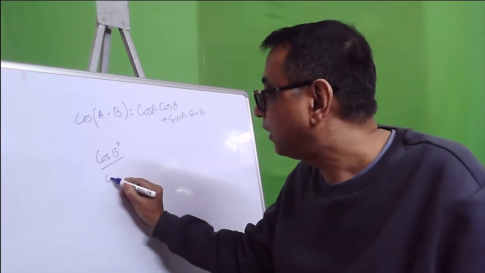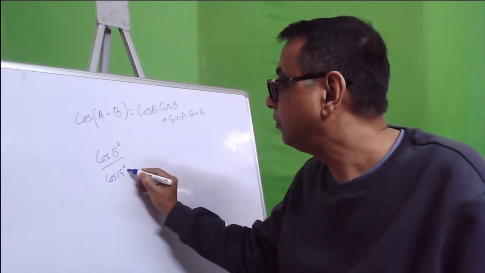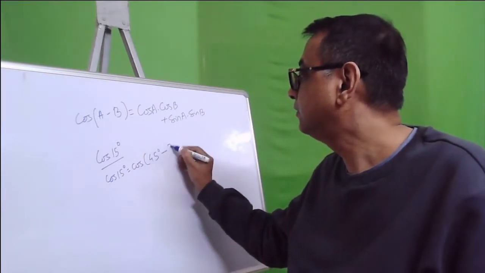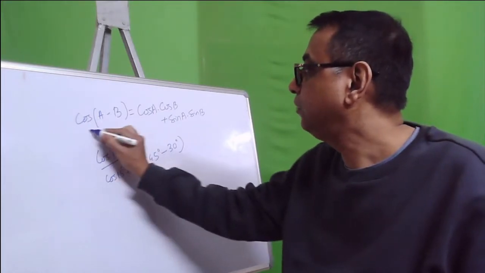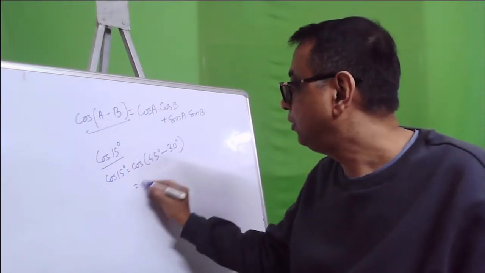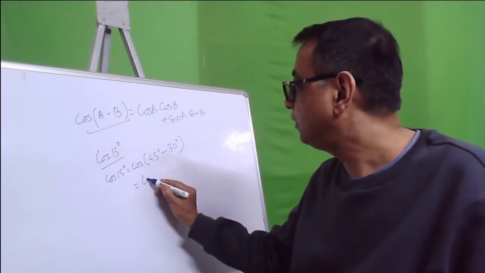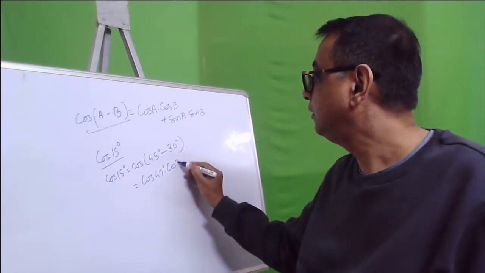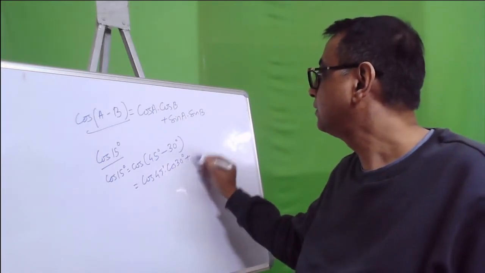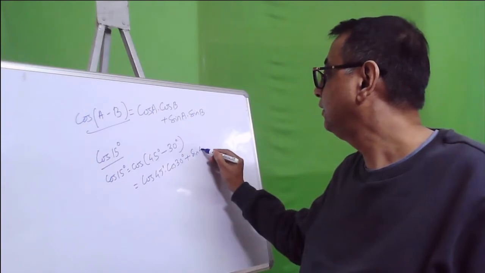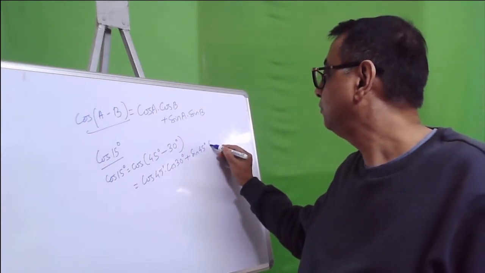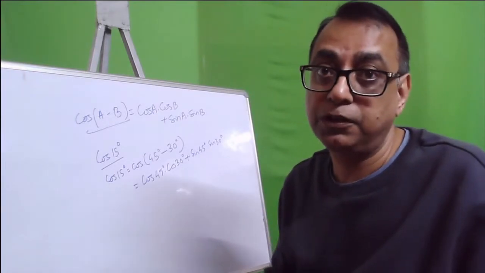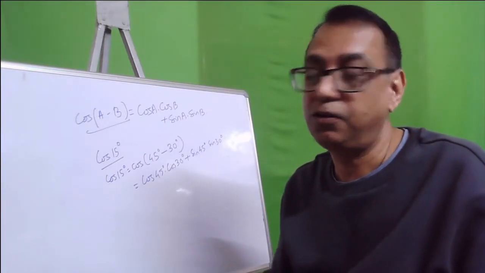How? We can write cos 15 degree is equal to cos of 45 degree minus 30 degree, and use this formula. So it will be cos a cos b, that is cos 45 degree into cos 30 degree plus sin 45 degree into sin 30 degree. We know the values of 45 degree and 30 degree, cos and sin values, right?